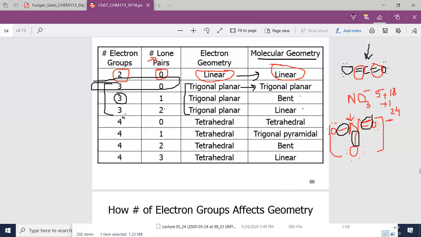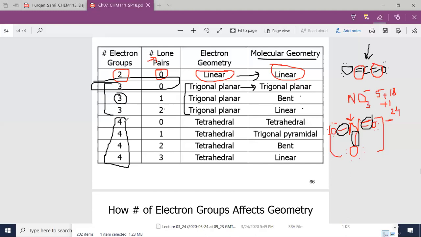Okay, so there can be many molecules having four electron groups, and we have already discussed three of those molecules. We have discussed methane, we have discussed ammonia, and we have also discussed water, right? They all had four electron groups, but there was a difference, right?